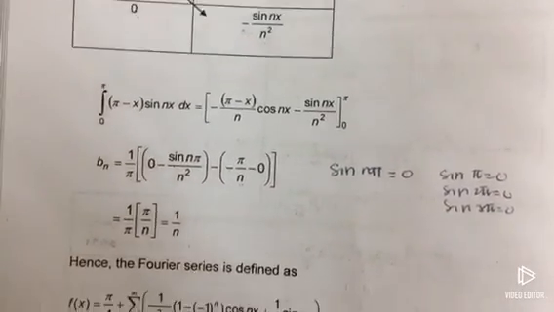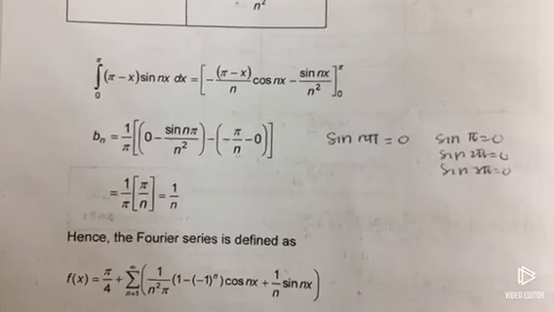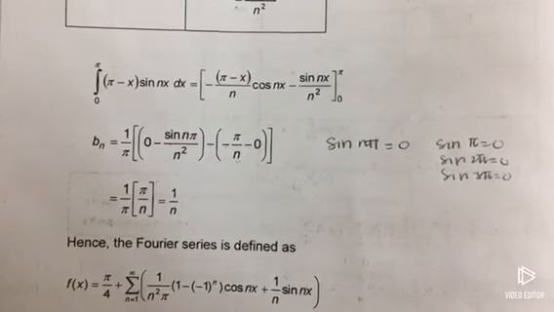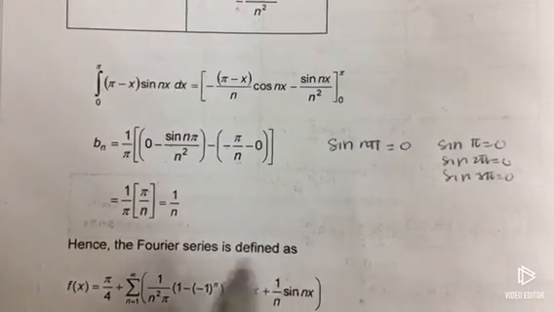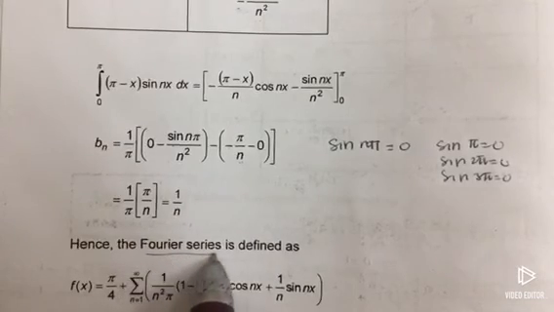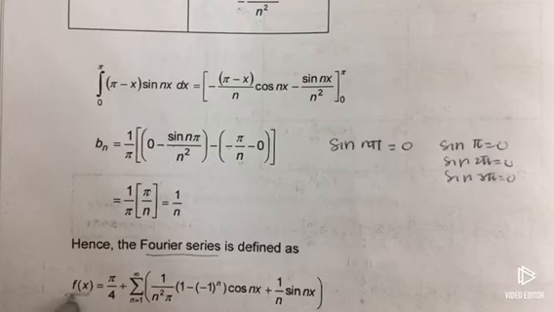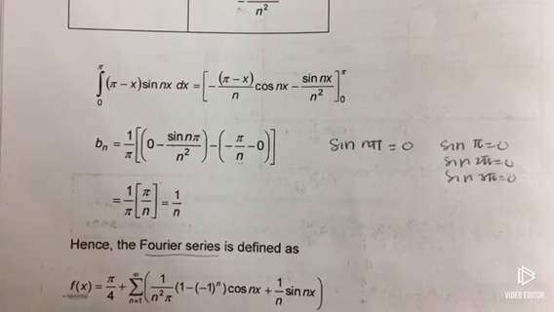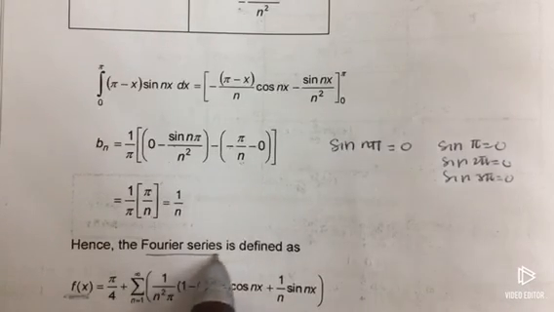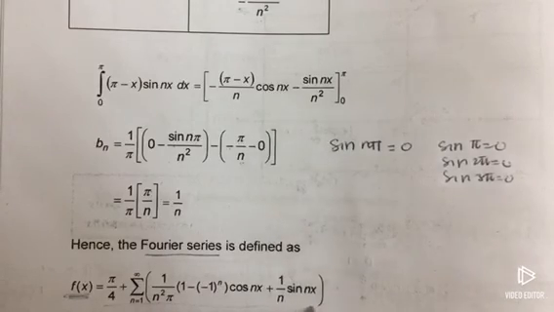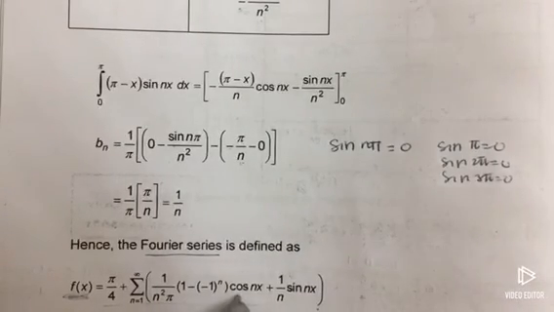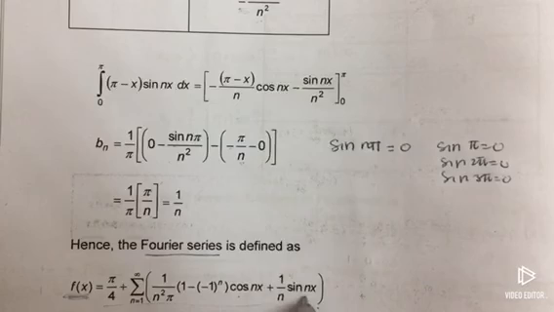After we get a0, an, and bn, we can put them in the Fourier series. This is the Fourier series. So the periodic function f(x) can be rewritten in Fourier series. This is the Fourier series in terms of cos and sine.